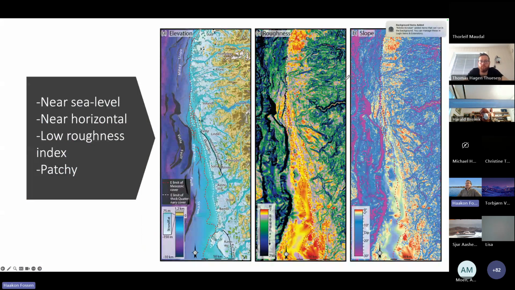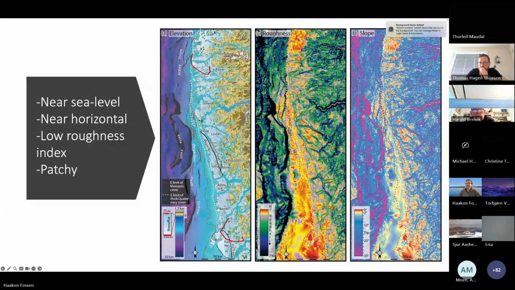Then we have the whole perspective of the strandflat. It's near sea level. It's a little bit below sea level up here in the north. It's above sea level, mostly in the south. Sea level is not shown on this map. What is shown in this color is an interval from plus 75 meters, so 75 meters above current sea level, and minus 150 to cover the whole stretch.